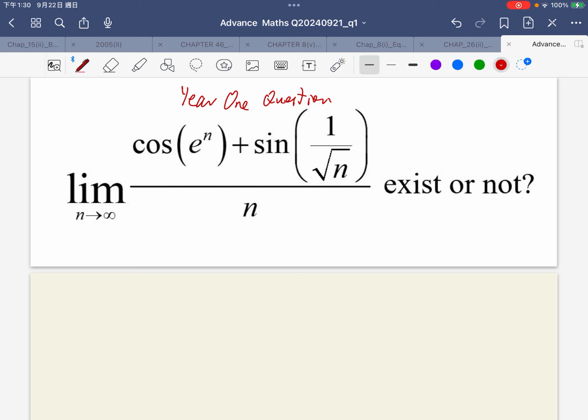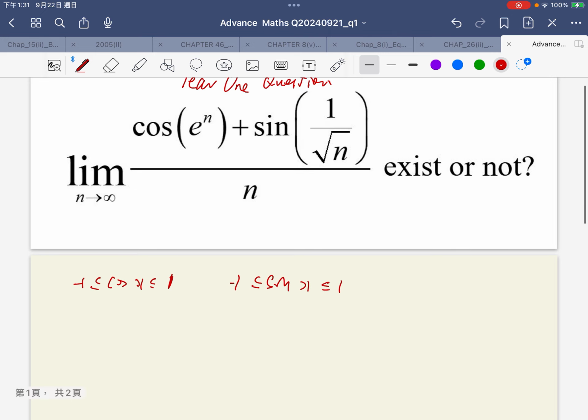As sine and cosine are bounded by 1 and minus 1, whatever the n changes, e to the power n changes, it is still bounded by 1 and minus 1.